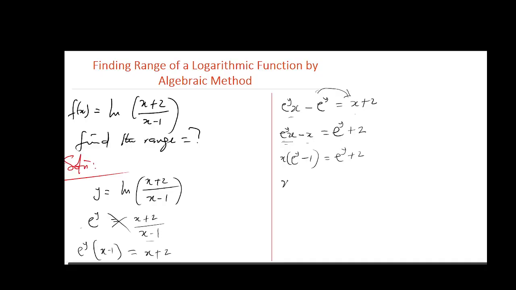We can separate e to the power of y minus 1 from x. We make x the subject here. We are going to have x equals e to the power of y plus 2 all over e to the power of y minus 1. We can see that the restriction applies.